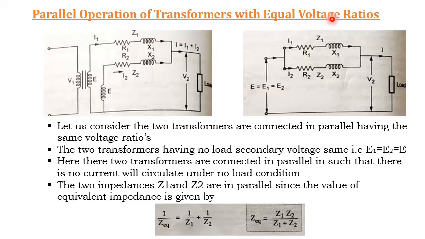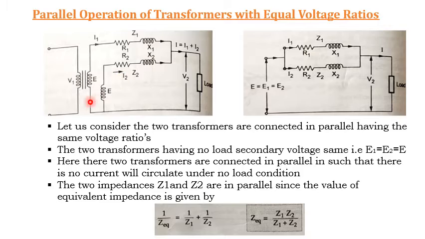The second case is the parallel operation of transformers with unequal voltage ratios. If we consider the voltage ratios of the two transformers to be unequal, what might be the load sharing by the transformers connected in parallel? These two cases we will discuss in this video.